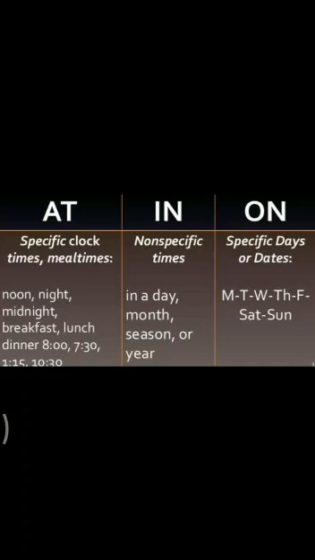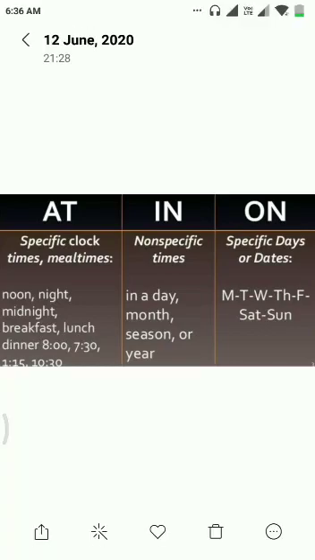Like this, for specific clock times, we always use at. In is always used for non-specific times, for example, in a day, month, season, or year. On is used for specific dates or days like Monday, Tuesday, Wednesday, Thursday, Friday, Saturday, Sunday.